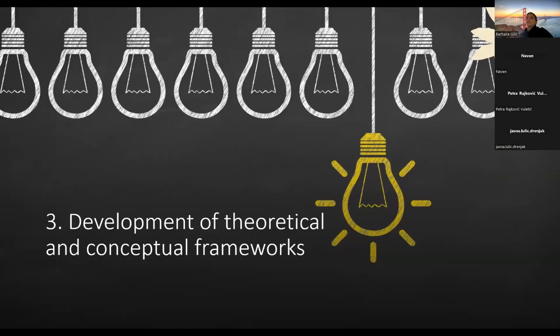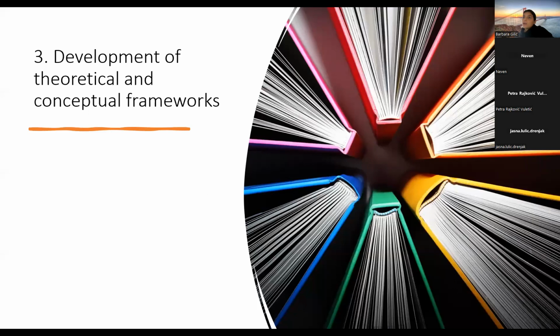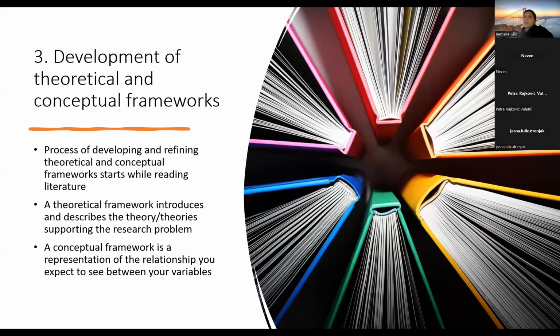The third stage of your research process is to develop theoretical and conceptual frameworks. What does this mean? This process actually starts while you read the literature, in this first stage.